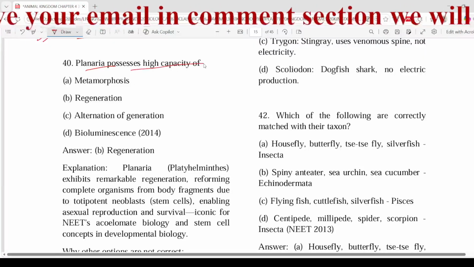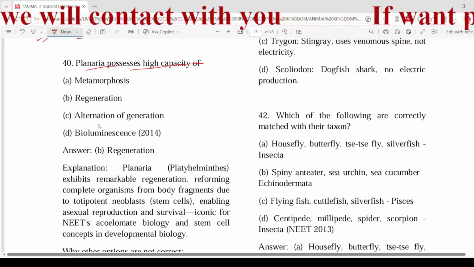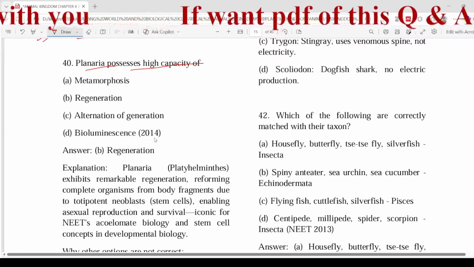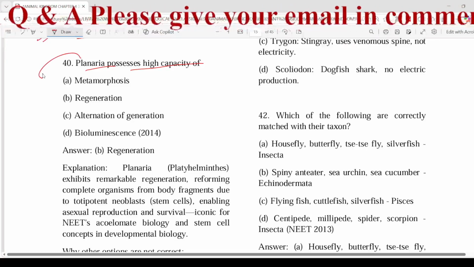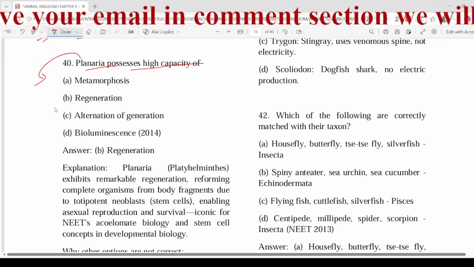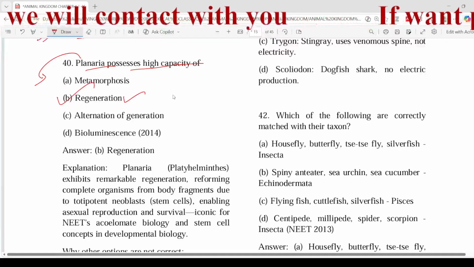Planaria possesses high capacity of metamorphosis, regeneration, alternation of generation or bioluminescence. Planaria is a platyhelminth, and it has the capability of regeneration. So the correct answer will be regeneration.